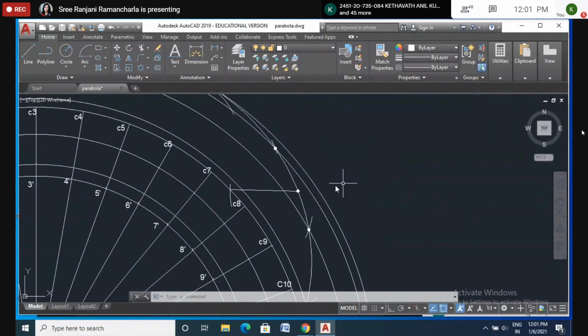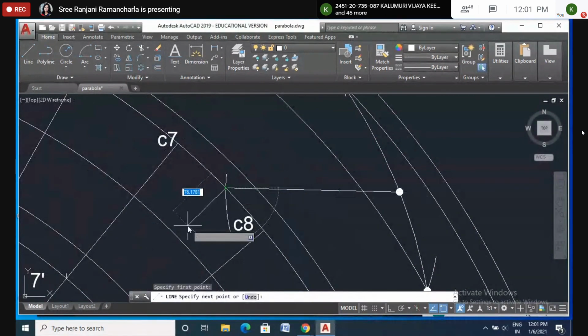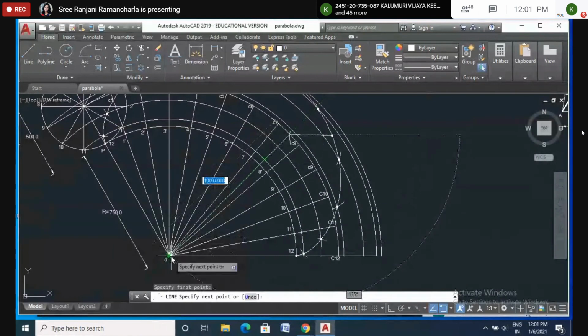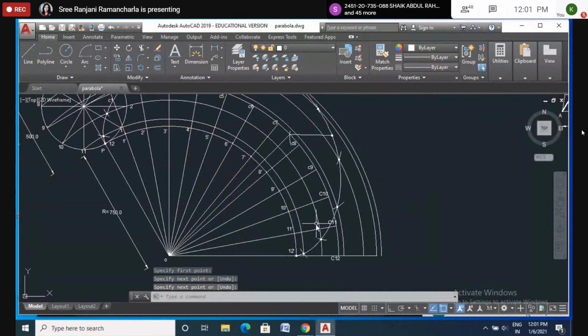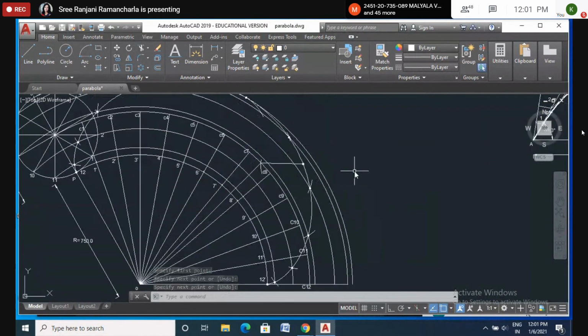Then from here, just draw the line to the center of the directing circle. From here, draw the line till here. Okay. Now, what do you have to do after drawing this one? From here, not from here.